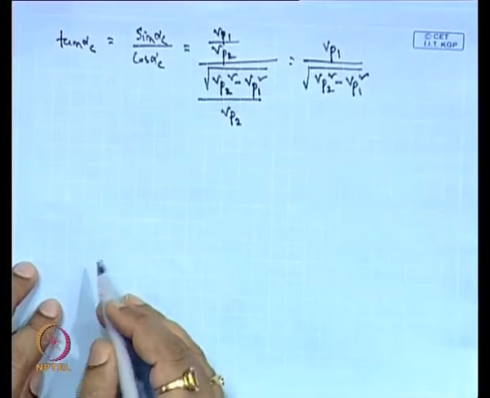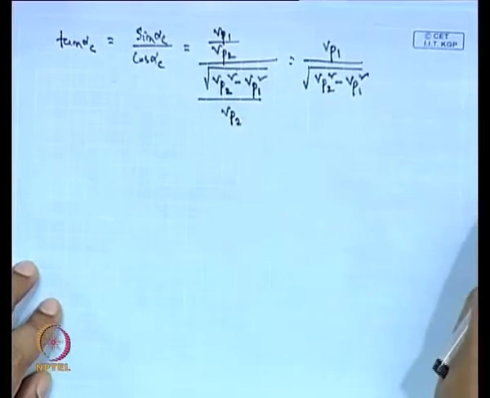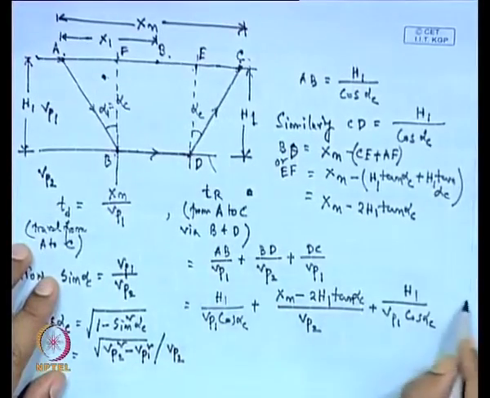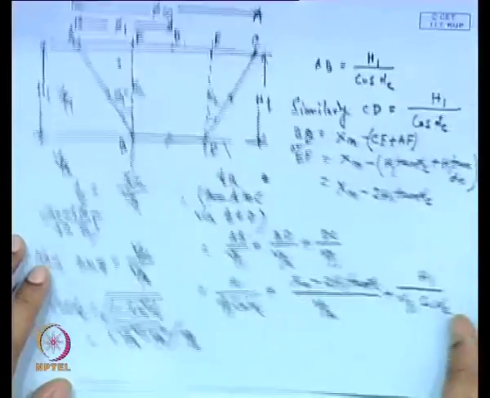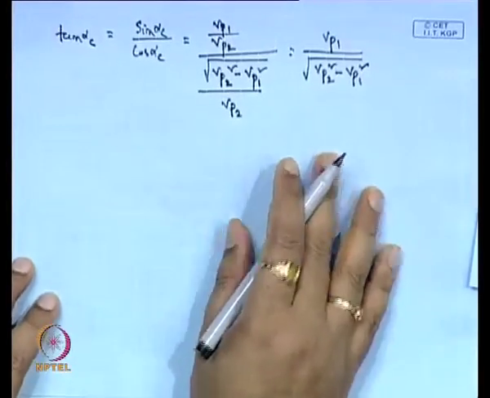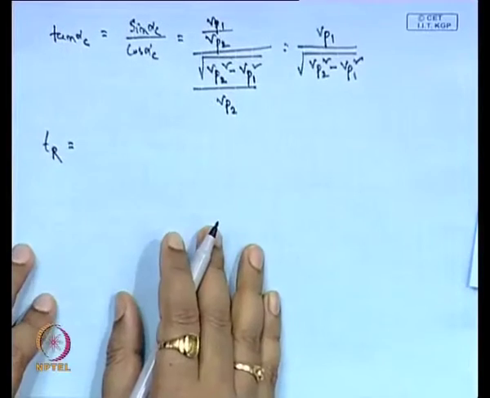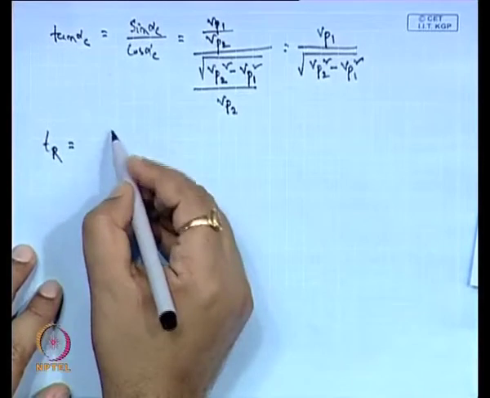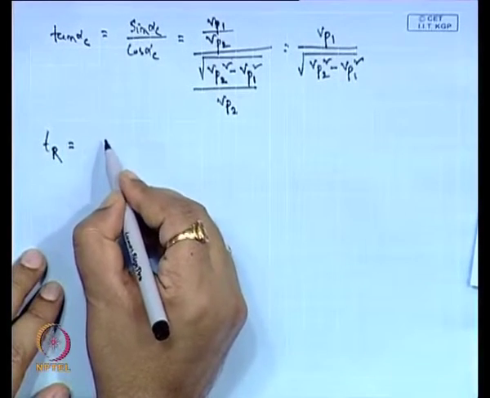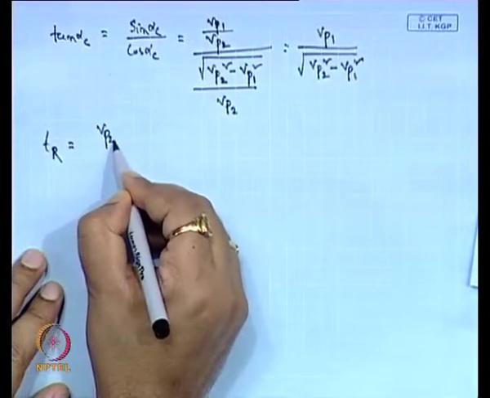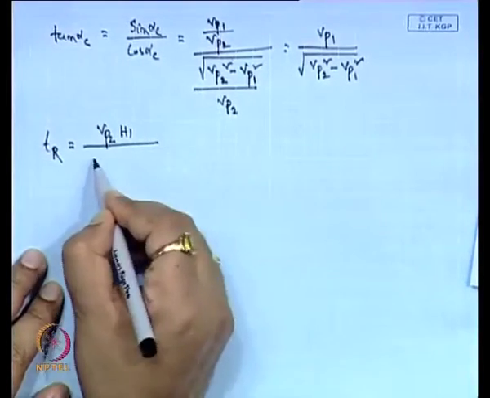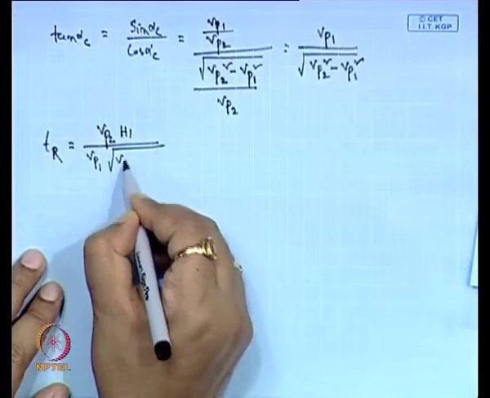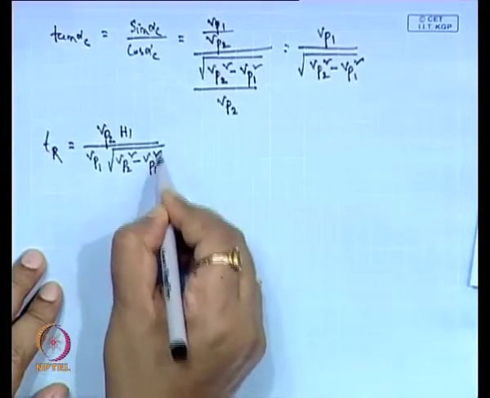So, this is the expression of this tan. Now, if I put the expression of this sin alpha c, cos alpha c, tan alpha c in our main expression, we can write that T r will be equal to V p 2 into H 1 divided by V p 1 root over V p 2 square minus V p 1 square.